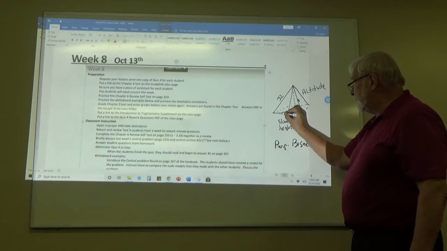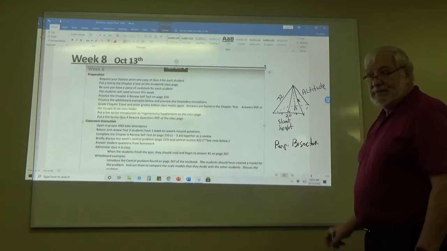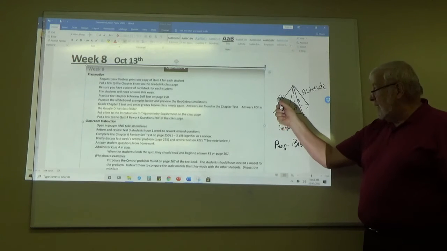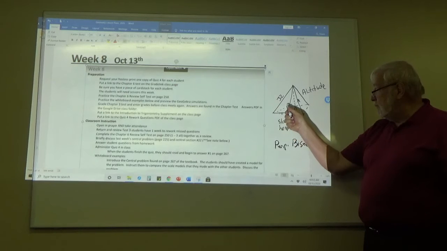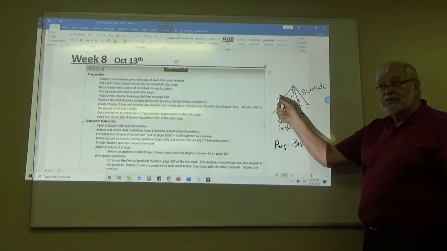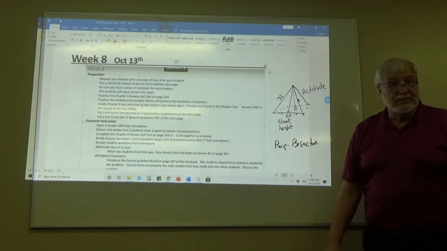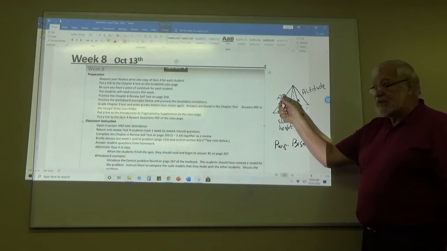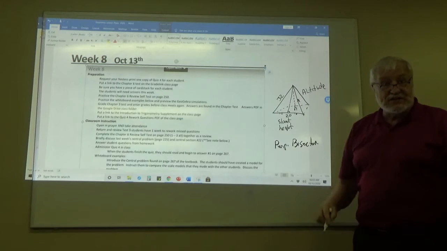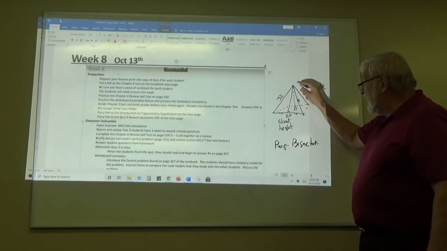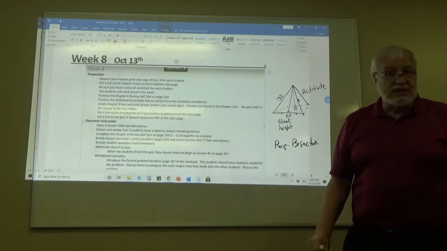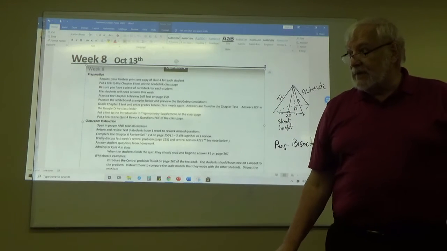It's 10, and this distance here is 10. You see the right triangle? A squared plus b squared equals c squared. So now I can find the slant height because I know that's a perpendicular bisector, because it's an isosceles triangle.